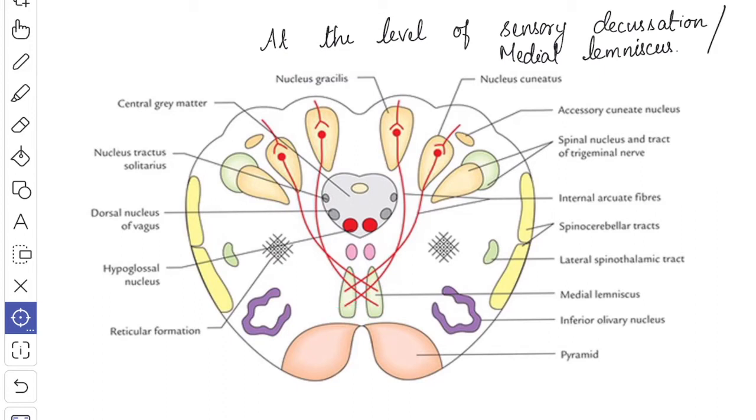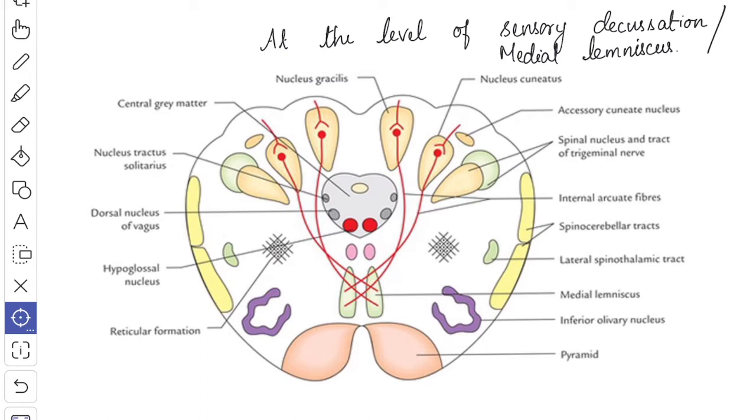When you see the decussation, the fibers from the nucleus gracilis lie more medial to the fibers from the nucleus cuneatus. The internal arcuate fibers cut off the spinal nucleus and the tract of the trigeminal nerve from the central gray matter, so they also get separated from the central gray matter.